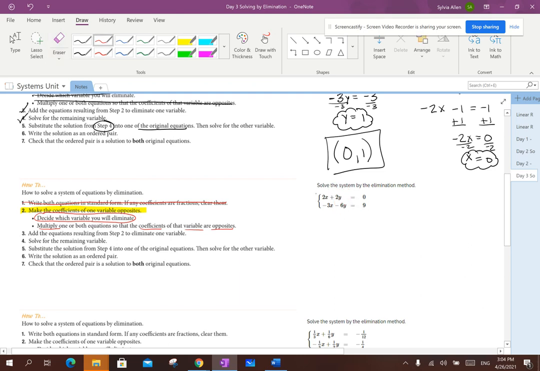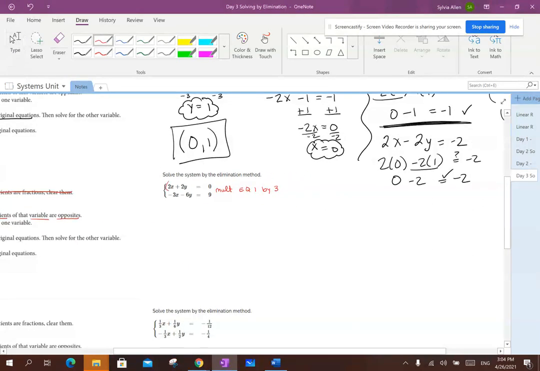So I would need to multiply equation 1 by 3. If I multiply equation 1 by 3, I end up getting 3 times 2x is 6x. 3 times 2y is 6y. And I also have to do it to the other side of the equal sign.